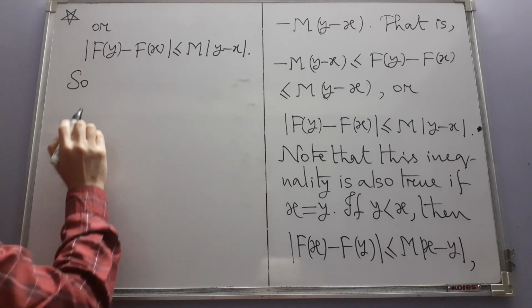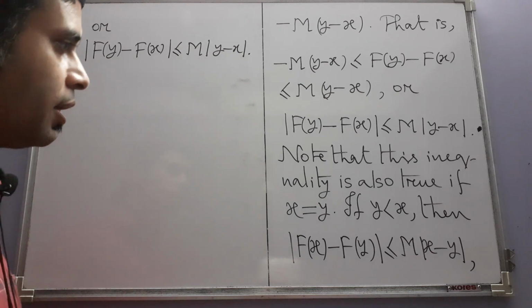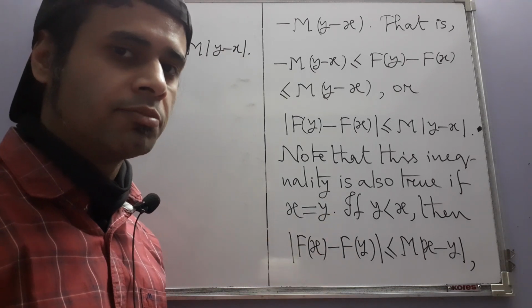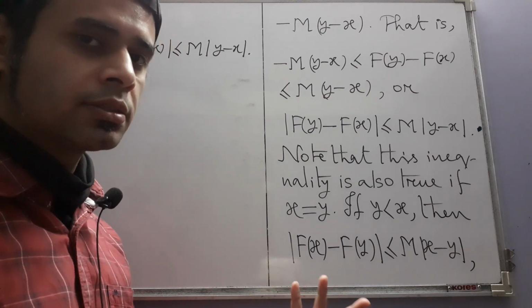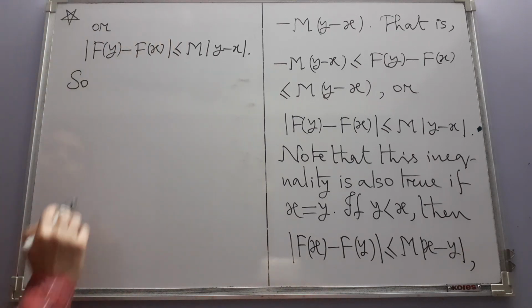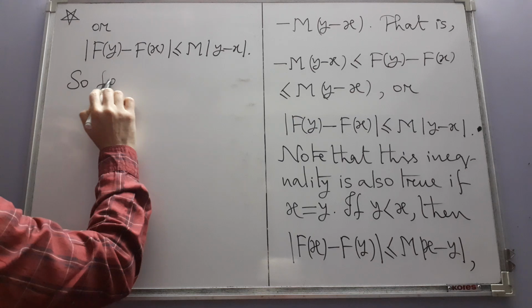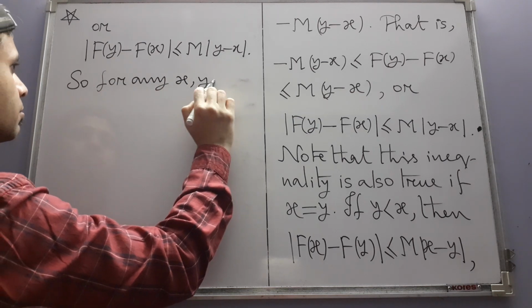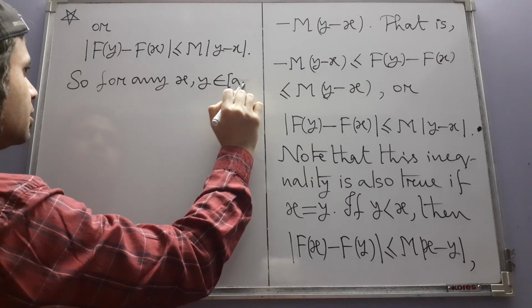So we have this inequality for any 2 points x and y coming from our interval a, b, regardless of which one is greater, which one is smaller. They can in fact be equal also.